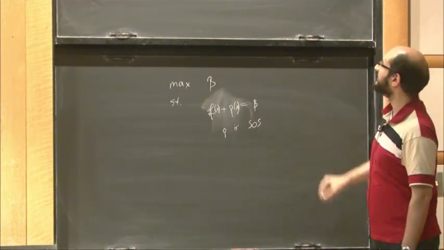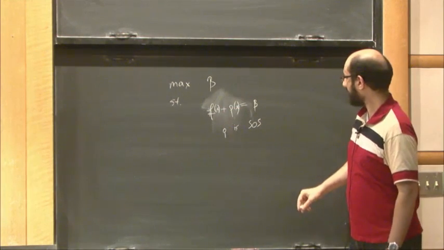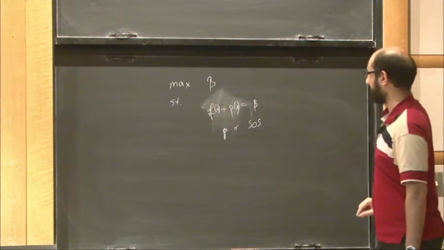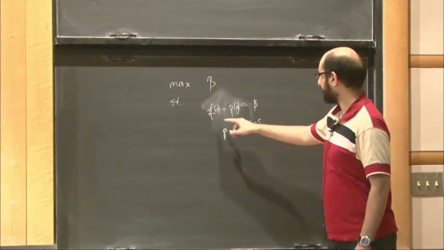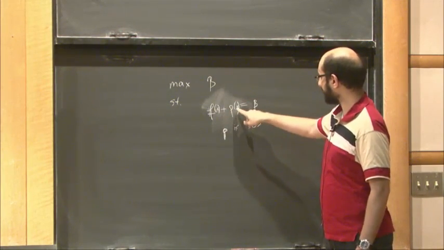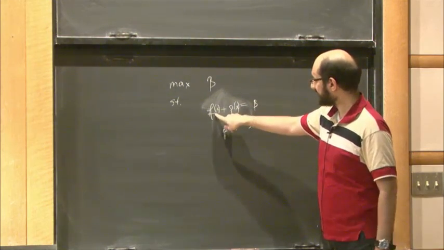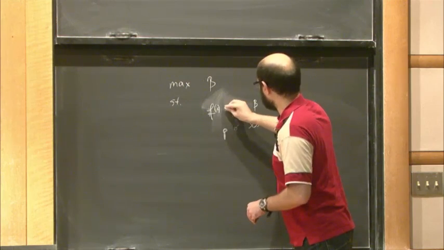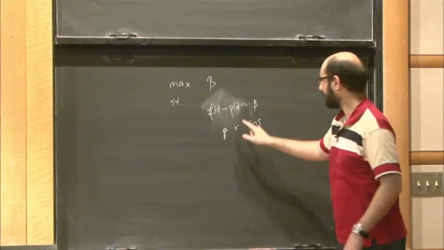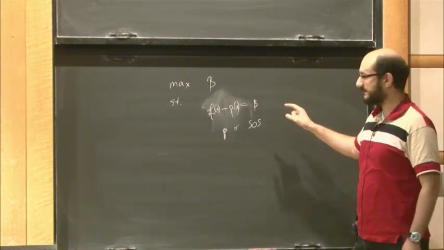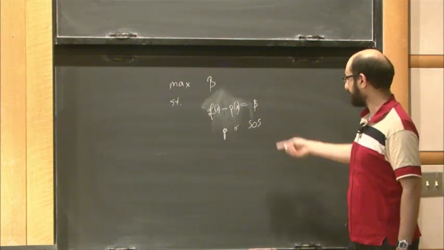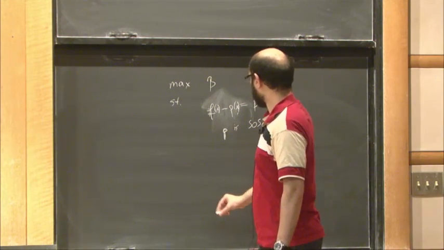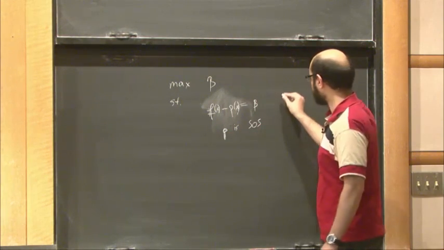Basically we can ask the related question: is there a sum of squares type polynomial P such that if we subtract P from F, it is a constant polynomial beta. And this is again actually an SDP problem.